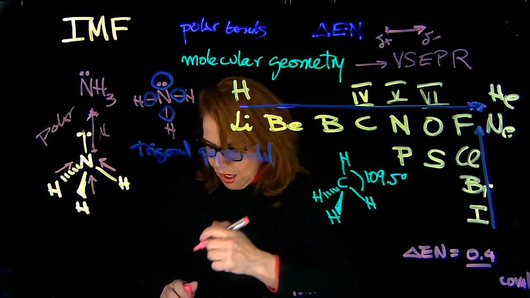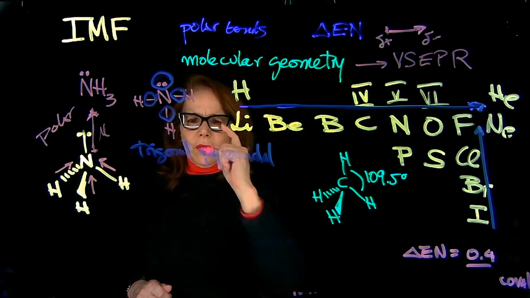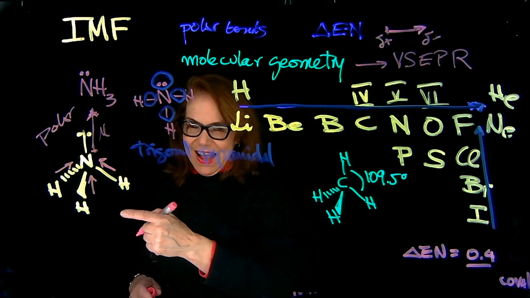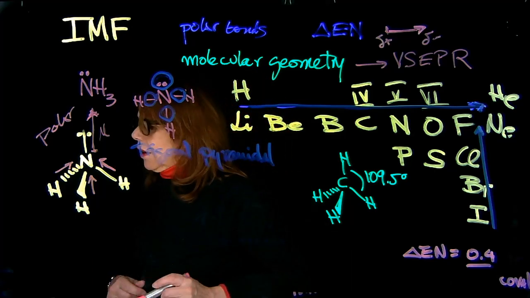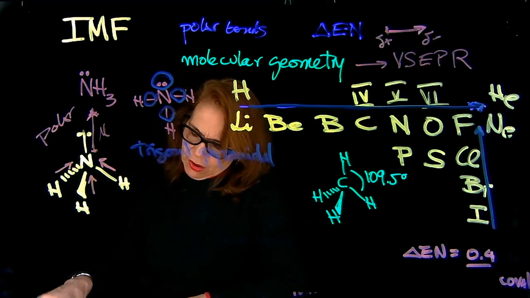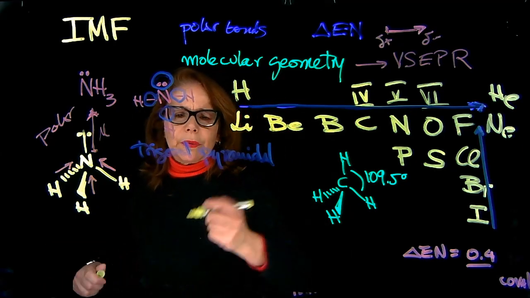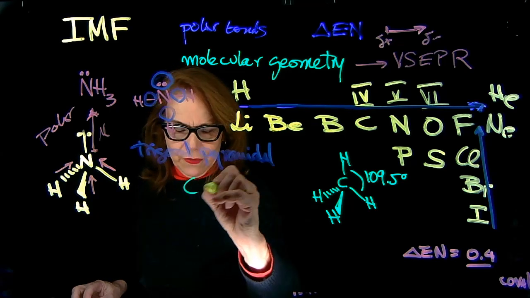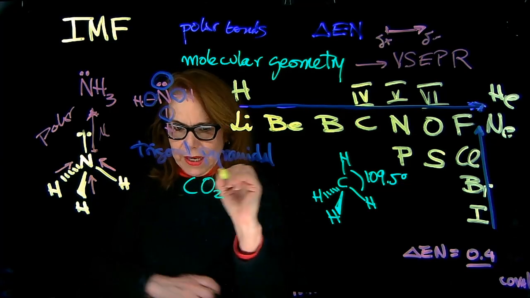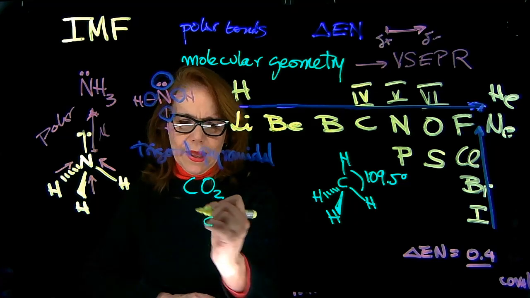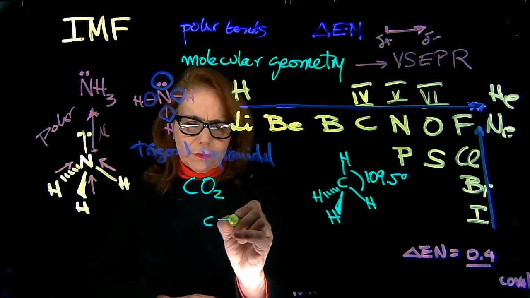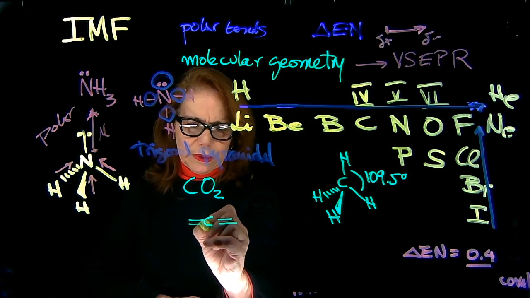Okay, let's do one more thing. We have determined that water is polar, ammonia is polar, methane is not. Let's try another molecule with a different geometry. Let's think of carbon dioxide. Drawing the Lewis structure is my first step. The central atom is carbon, and remember that we're aiming to complete the octet.